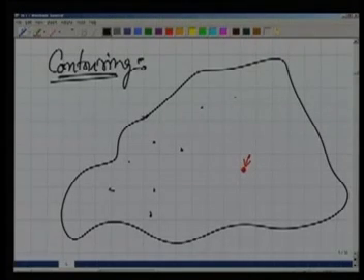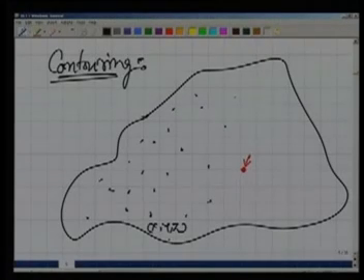Then for all these points, I determine their coordinates. For all these points, I can shift, if it is required, the total station to a different point, and also now observe for these other points.